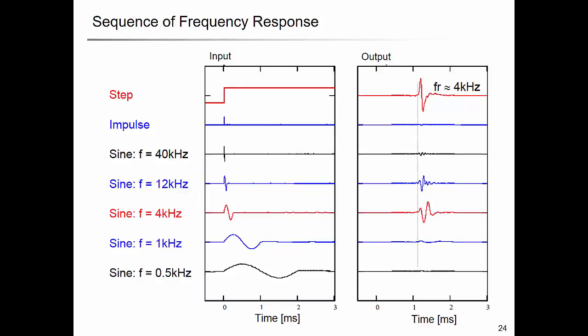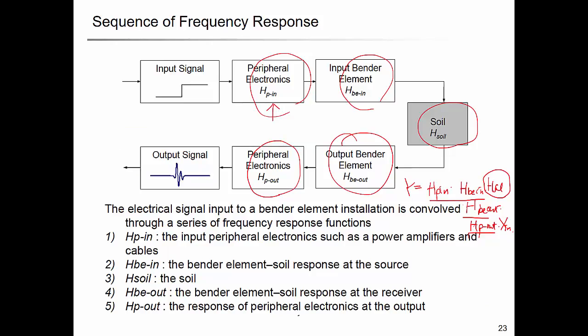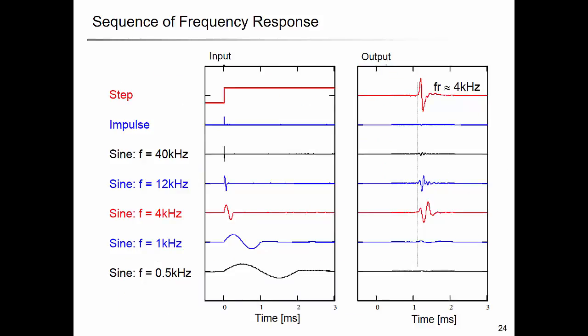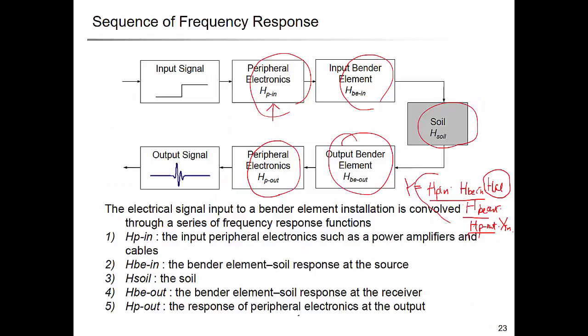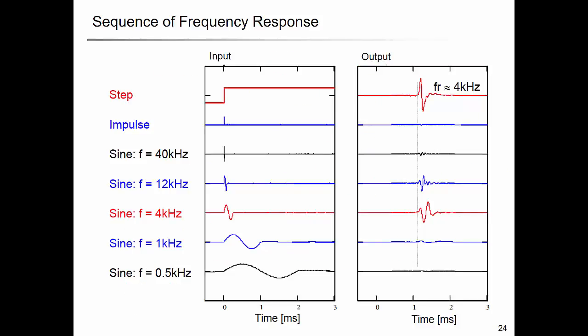Sequence of the frequency response. This shows the example of H_P,in. So this is an example of this one. So H times X, Y, here H. And when you apply the step signal, you get this kind of a clear high frequency wave, and with the impulse, you don't get any signal.